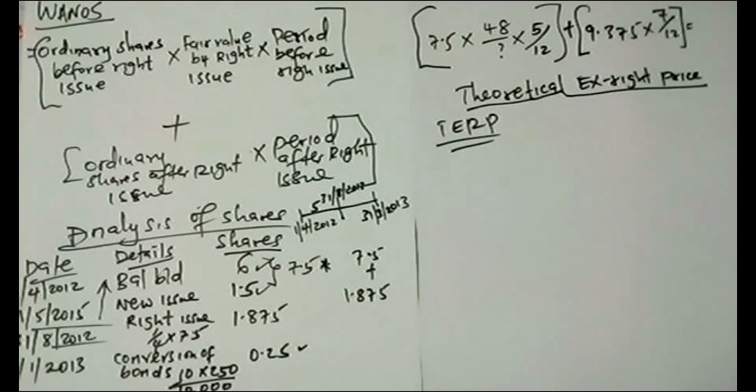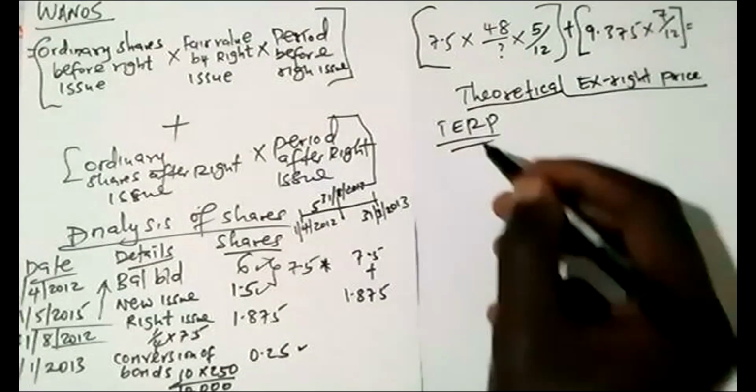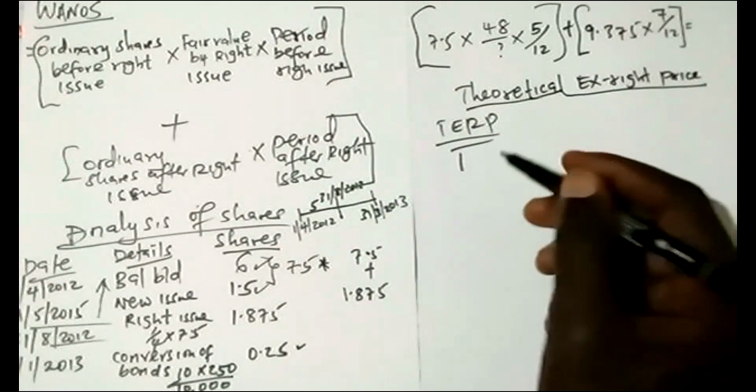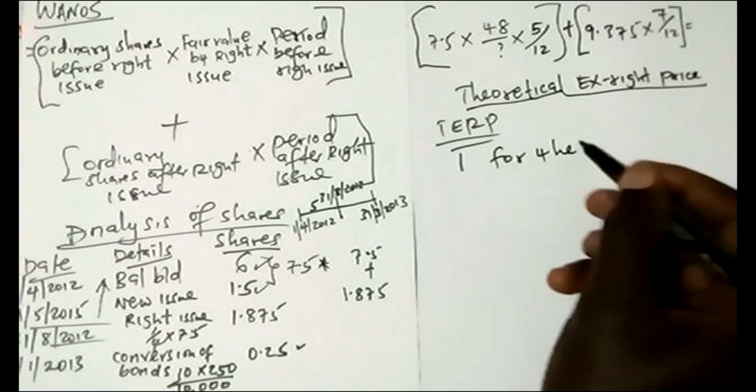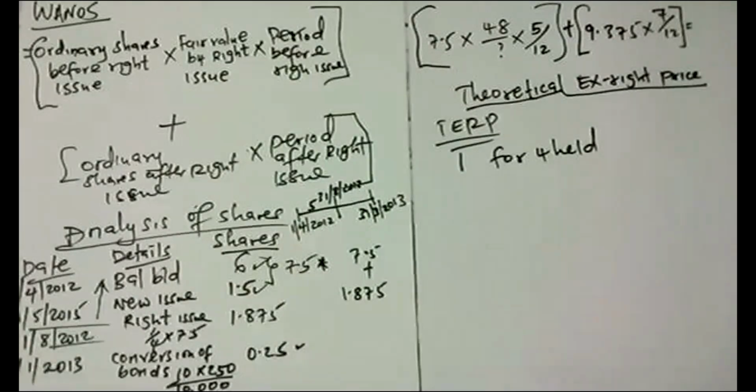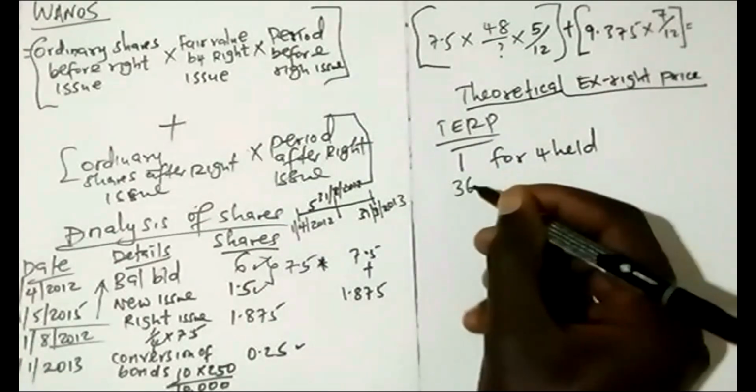What you do, you check the proportion. So the proportion was 1 for 4 held. That was the proportion on how they made the rights issue. So for every 4 shares held by a shareholder, the shareholder was getting 1. The shareholder was getting 1 at 36 shillings.